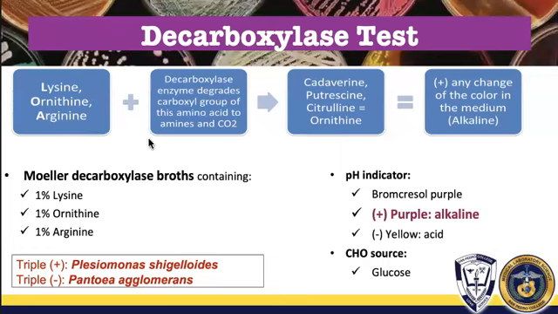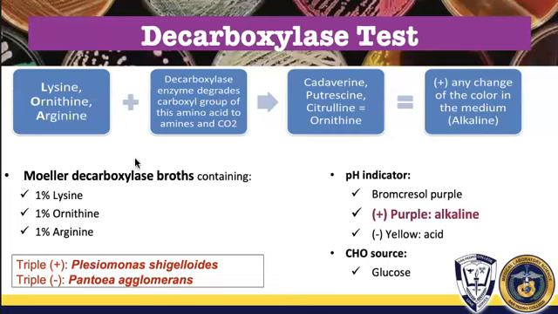Now, decarboxylation would occur only in an acidic environment. The decarboxylase enzyme is activated when the environment is acidic. So this test is also a type of indirect carbohydrate fermentation test.